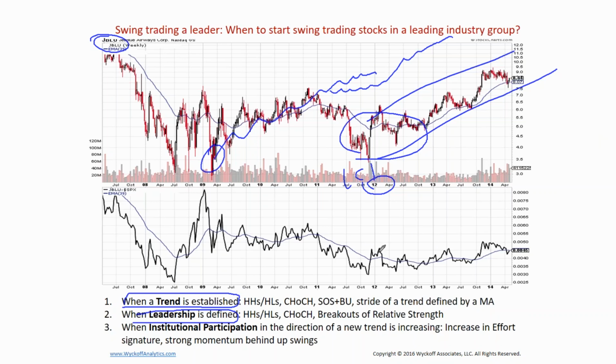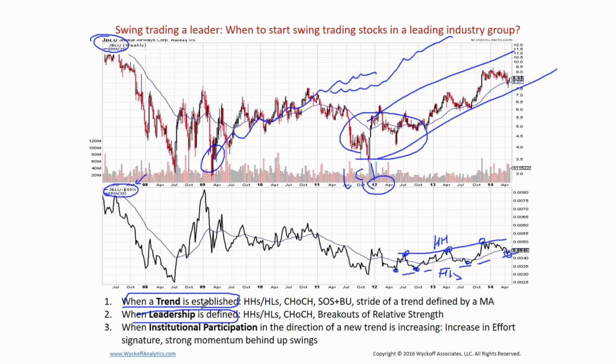And then we are seeing that even in the stock itself, relative to the market, S&P, we are starting to see higher highs and higher lows in this area. So we are establishing a trend. The slope of this trend is not that steep for us yet, but we're seeing that the stock is starting to outperform.